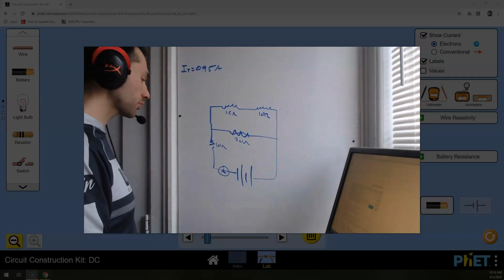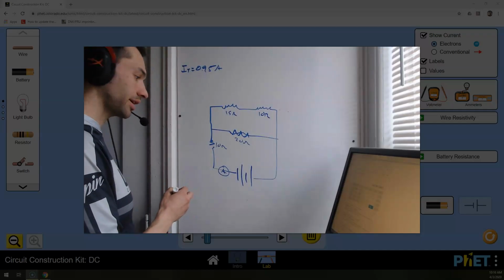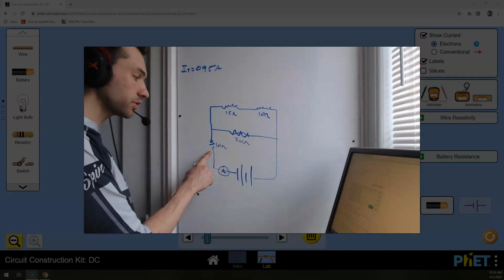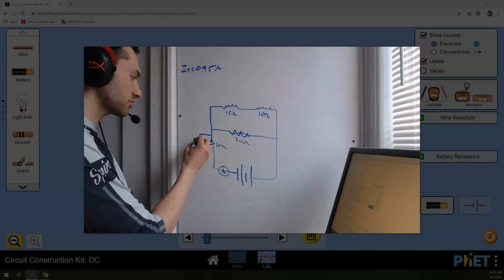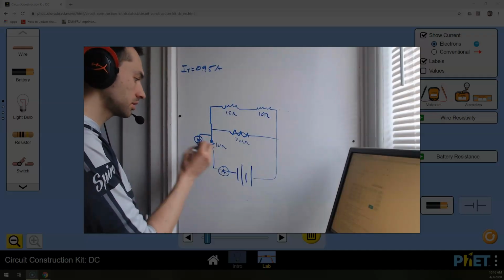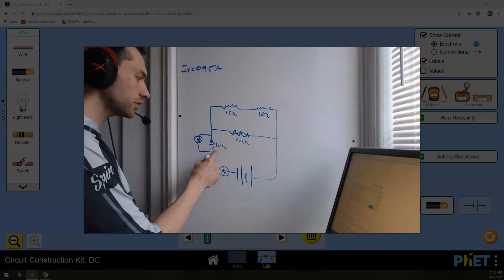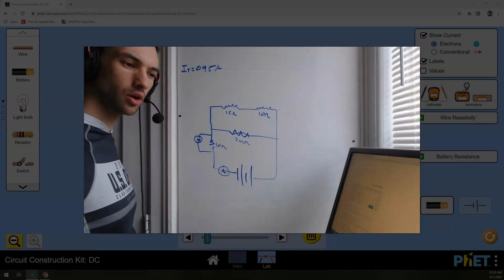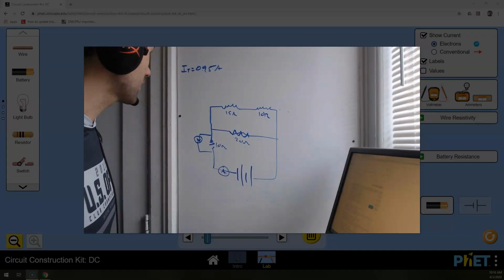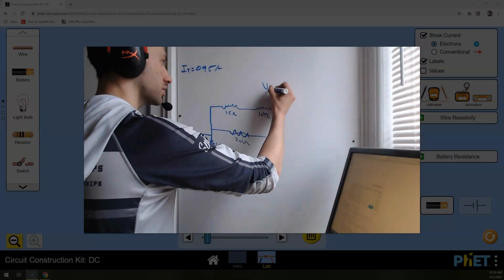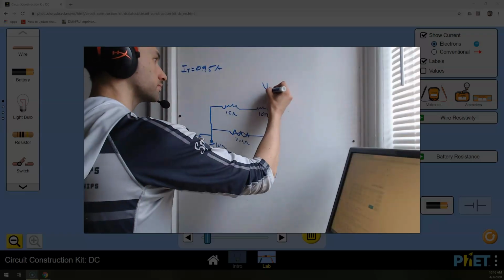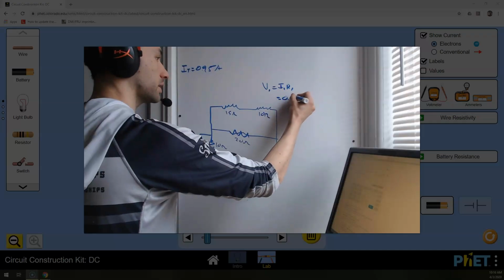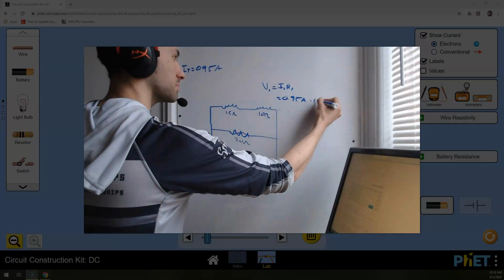So in order to go through this complicated circuit, I have to start with this. I have to find the voltage drop. If I attached a voltmeter, what would be the voltage drop on that 10 ohm resistor? And that voltage drop on that 10 ohm resistor, we'll call this resistor 1, equals I1R1, which will be 0.95 amps times 10 ohms.